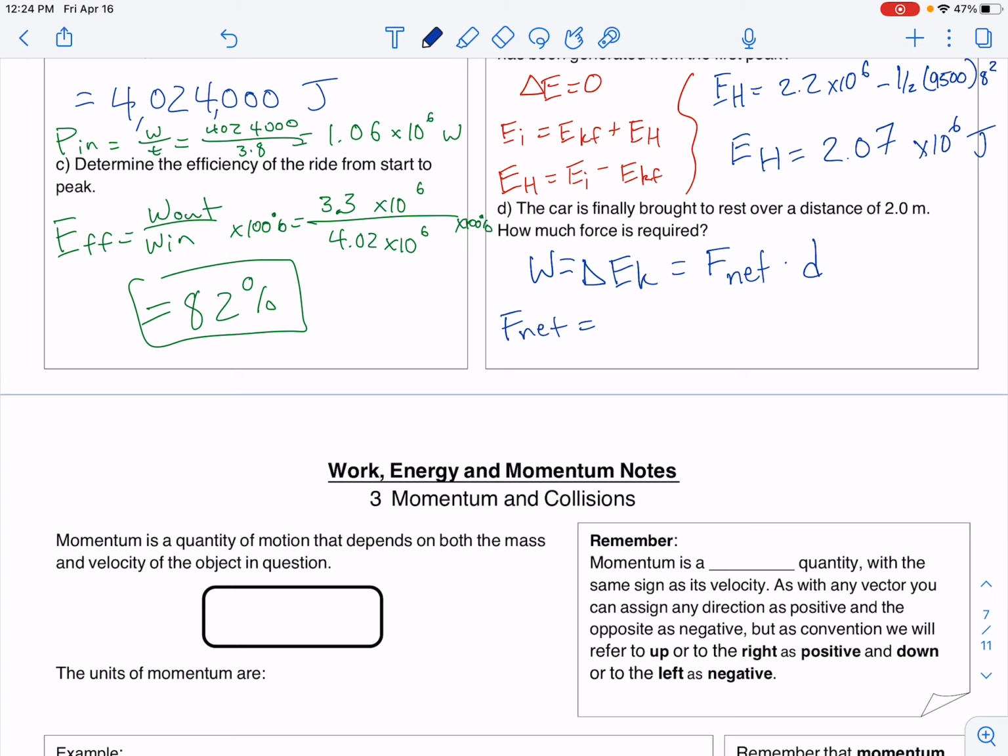Another way I can expand this out: my final kinetic minus my initial kinetic, that's the change in kinetic energy, divided by D. It's equal to negative 1/2 mass velocity squared divided by D. Plug in the numbers I know.